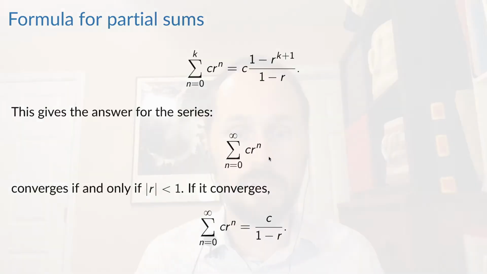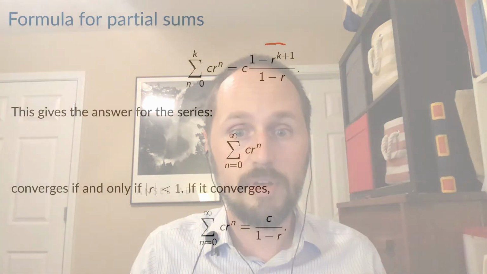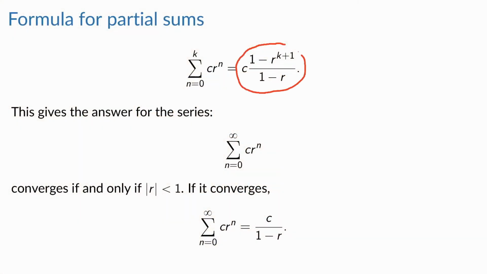This infinite series is going to have a limit as k goes to infinity if and only if this expression has a finite limit. That's when the series converges. The series converges if and only if that expression has a limit.